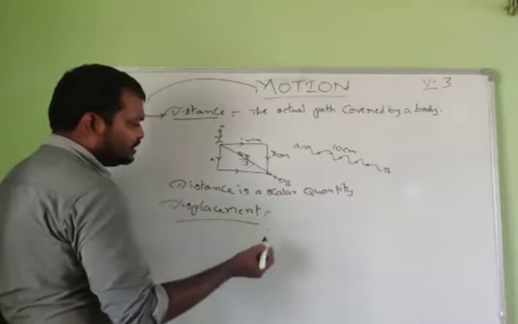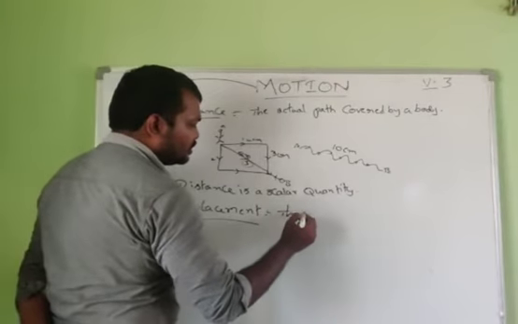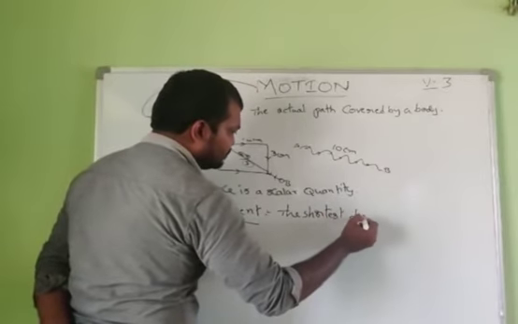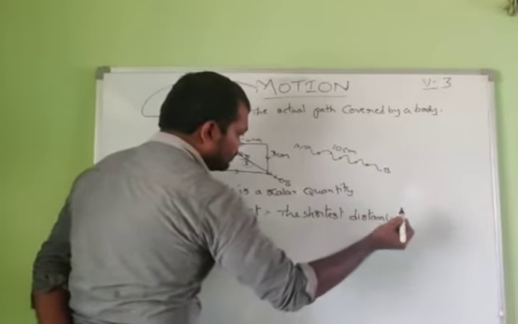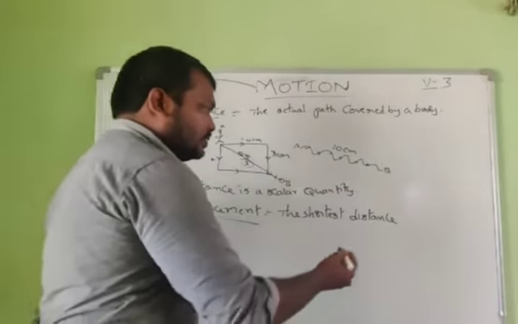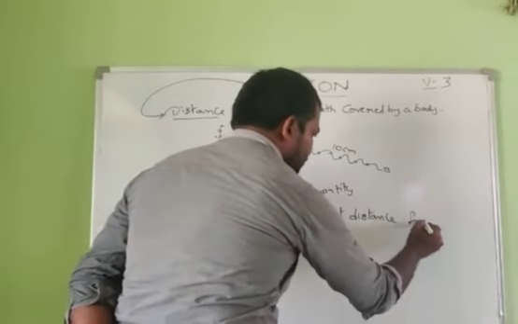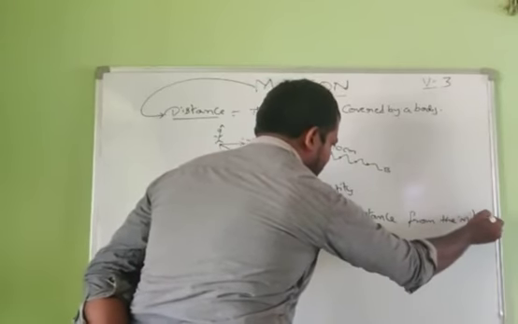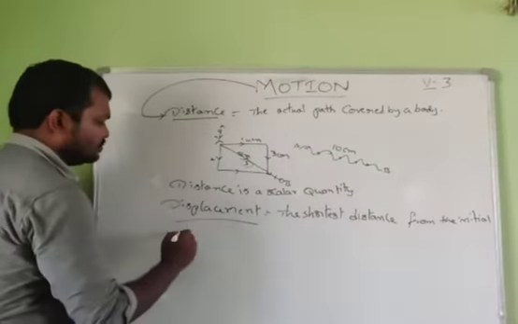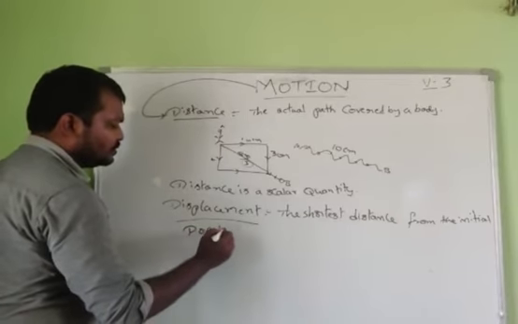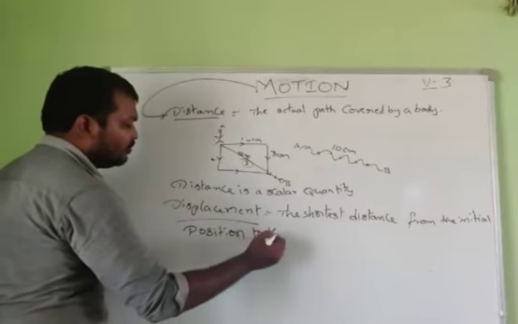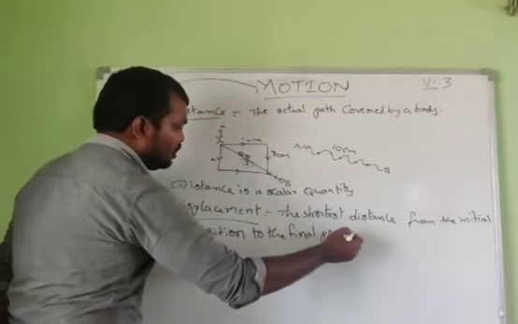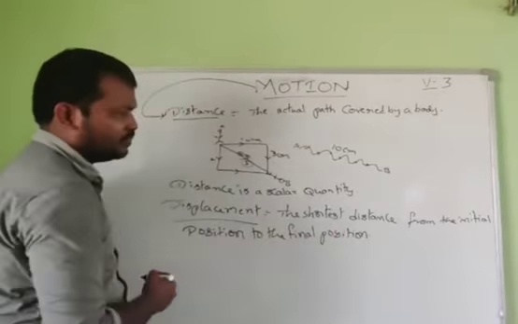What is displacement? The shortest distance from the initial position to the final position is called nothing but displacement.